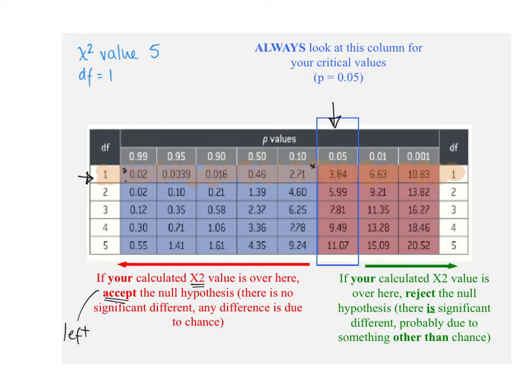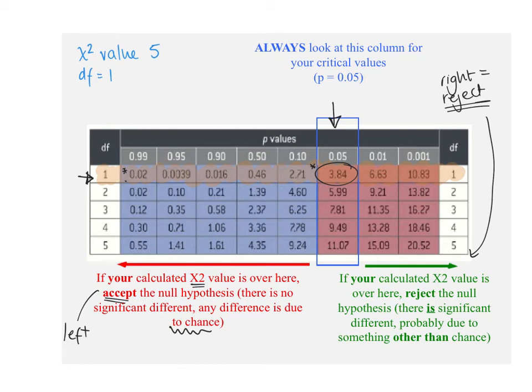Okay? Any difference is due to chance. It's completely random. Conversely, if it's to the right of the value, so it's bigger than the critical value that you can see in the table, then you reject the null hypothesis. Okay, and there's probably another reason, something other than chance, causing that difference.